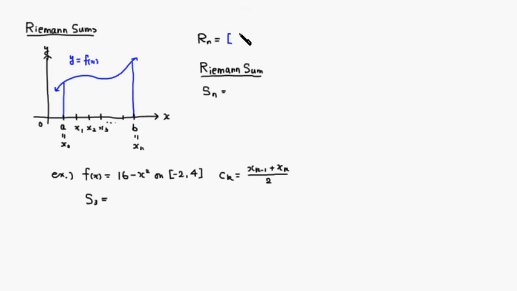So this is just f of x1 plus f of x2, and you just keep going, plus f of xn, that's the last one. Then you multiply by delta x.